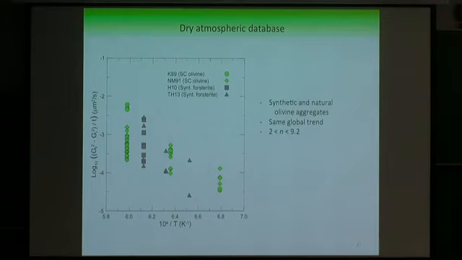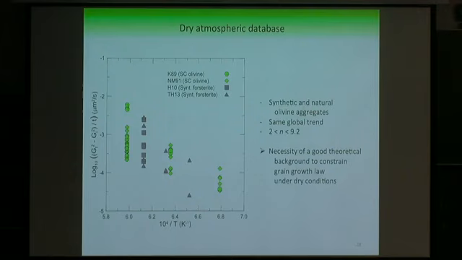And so we can see that there's a same global trend, where as we increase the temperature, the grain growth rates increase. And the grain size exponents from these empirical fittings were determined between 2 and 9.2.